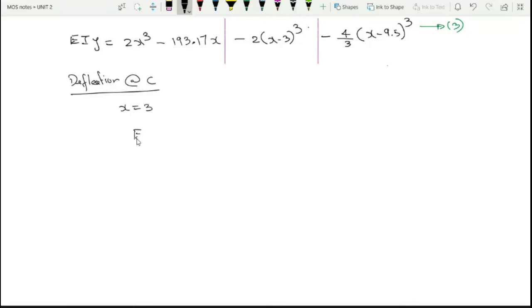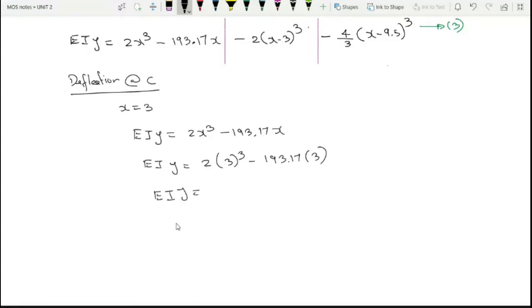EIy is equal to 2x cube minus 193.17x. That is my equation. Here, substitute x is equal to 3. So I'll get EIy is equal to 2 into 3 cube minus 193.17 into 3. You will get the EIy value.